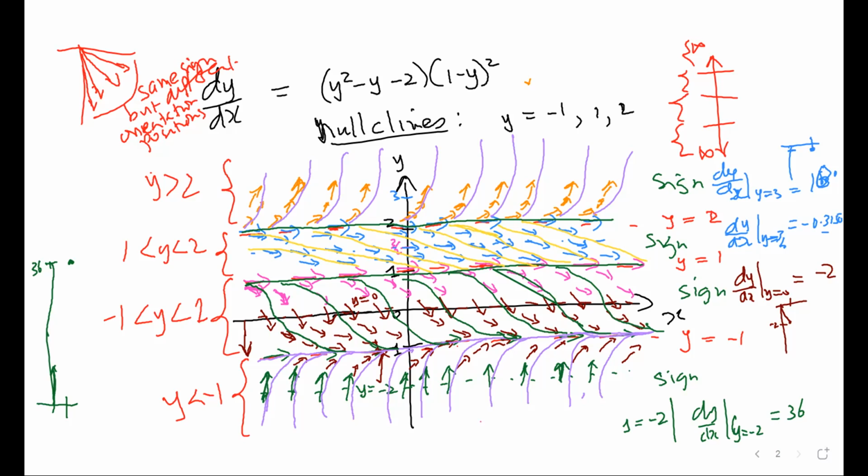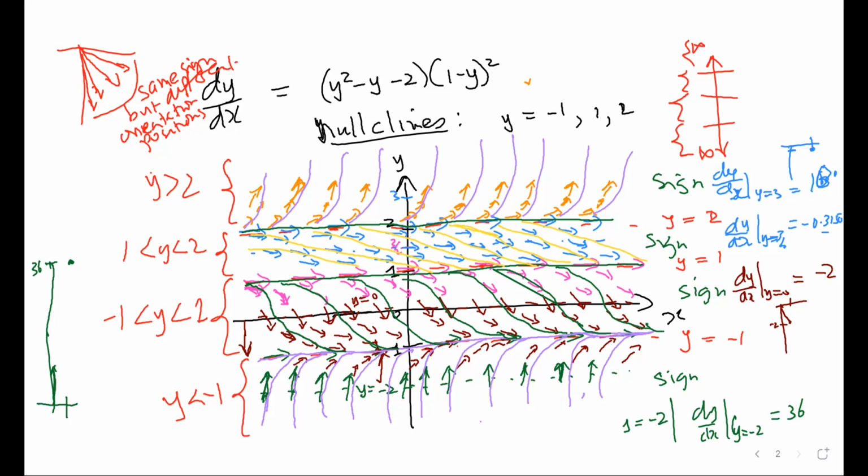All right. Now we want to know the long-term behavior. So imagine we take an initial value in the region y less than -1. So for example, if we say y naught equals -2, that's a representative initial condition. All the solutions starting at y equals -2 will definitely go towards this nullcline.